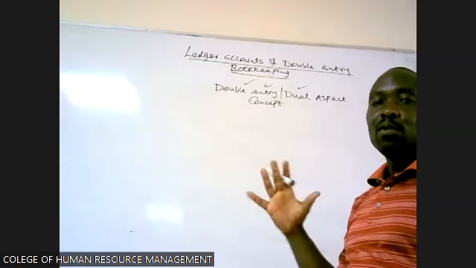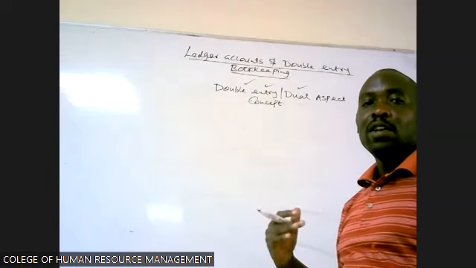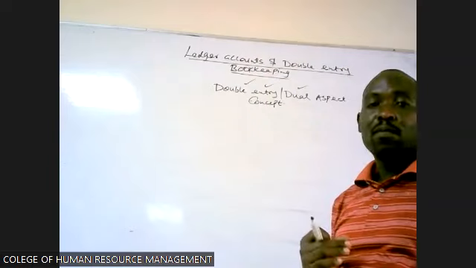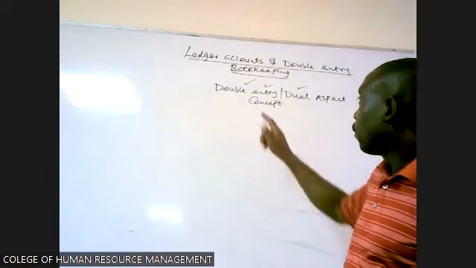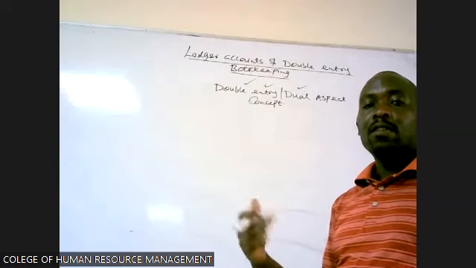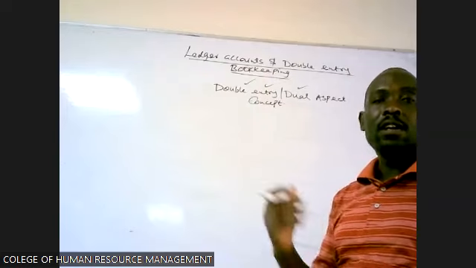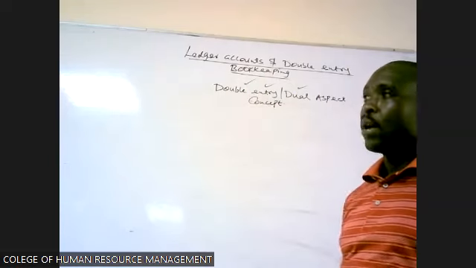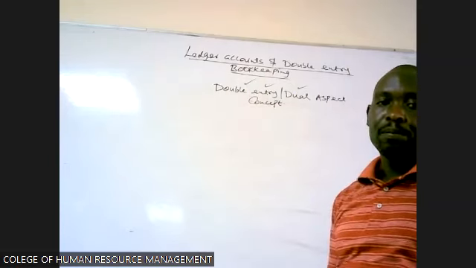And the moment you are able to understand this double entry, you realize that the subsequent topics are going to be very, very simple for you. But if you have got some challenges with the double entry, you might find some challenges in the subsequent topics, because all of them are going to be coming back to double entry in one way or another.